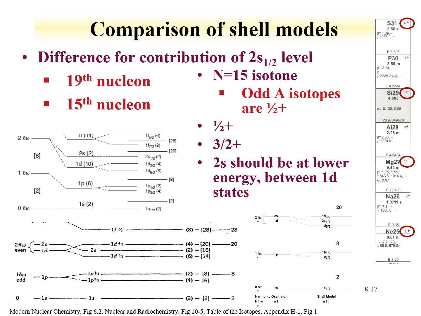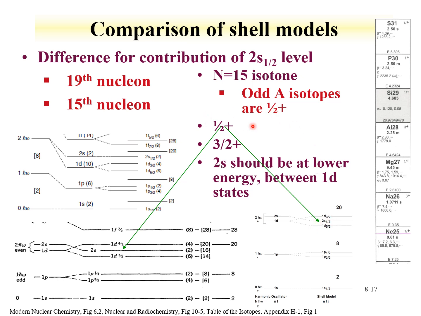Using the top one here from modern nuclear chemistry, the 15th unpaired nucleon would be in the d 3/2 state. This would be 3/2 plus, whereas for the other two models, that 15th unpaired nucleon would be in the s 1/2 state, and that would be 1/2 plus.